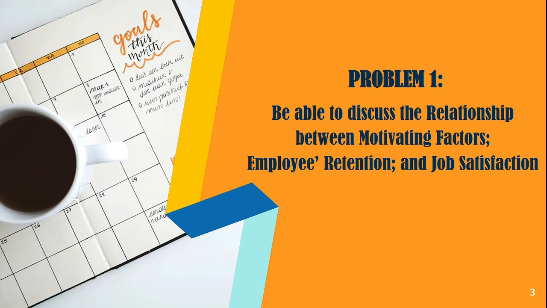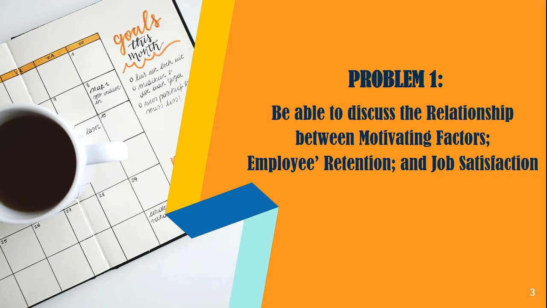Third is job satisfaction. It is defined as the extent to which an employee feels self-motivated, content, and satisfied with their job, stability, career growth, and a comfortable work-life balance. These three are needed to avoid or reduce employee turnover. Motivation serves as goals for employees to do their job.